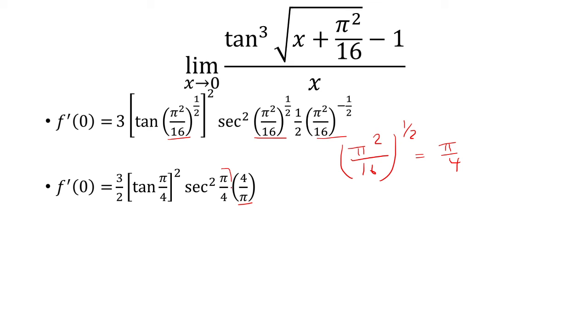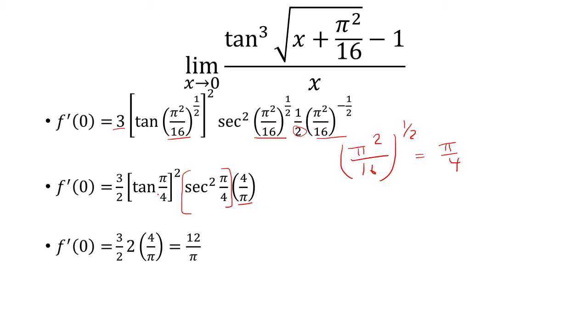And really, I should put a bracket here showing you that you're not multiplying that. Okay, so it's secant squared pi over 4, and then multiplied by 4 over pi. Now this 2 goes on the bottom here, 3. So that's where you get 3 over 2. And yeah, that's it for that step.